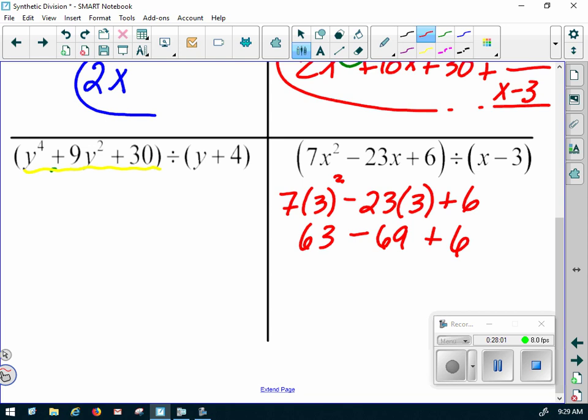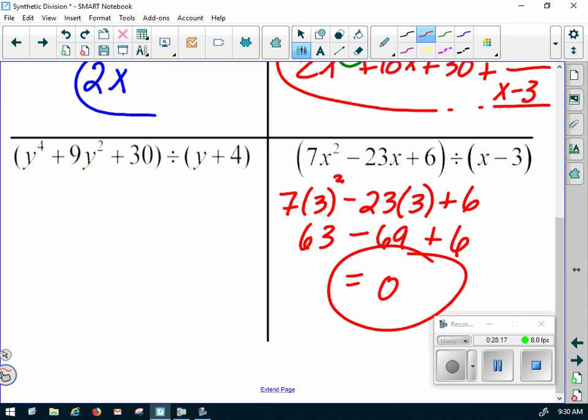That's 0. What was the remainder? Look right there. I've never seen that look on your face before.